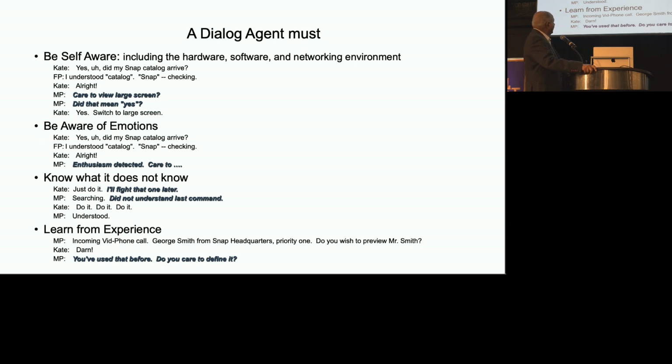So the issue of, you've used that word before, darn. It doesn't know what darn means, and said, do you want to define it? So there's an implied capability of an agent, where if I can define a word, it can learn that word. And that also assumes I know how to define a word, darn.